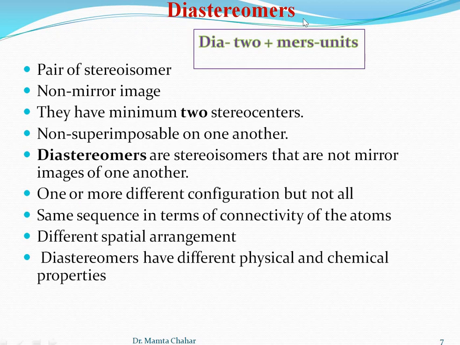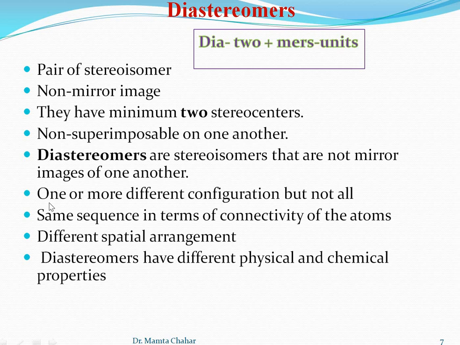Another topic is diastereomers. Dia means two, mers unit. These are pairs of stereoisomers that are non-mirror images, while enantiomers are mirror images. They have a minimum of 2 stereocenters, or no stereocenter, and are non-superimposable on each other. So diastereomers are stereoisomers that are non-mirror images and non-superimposable.